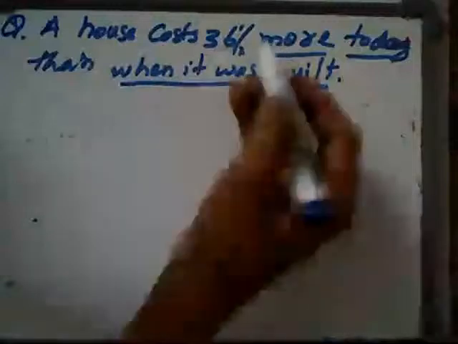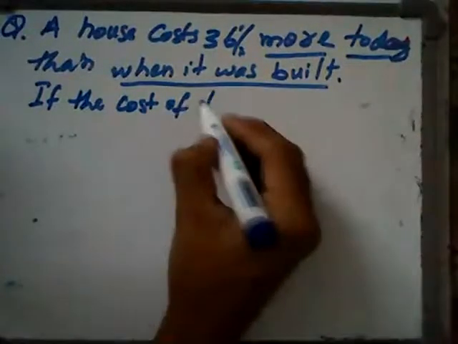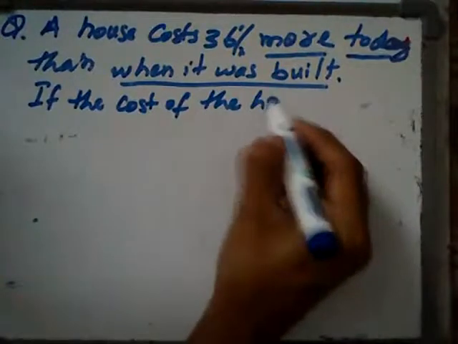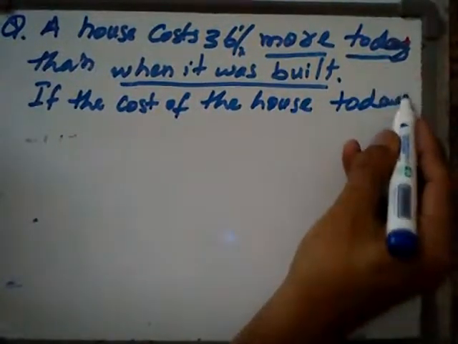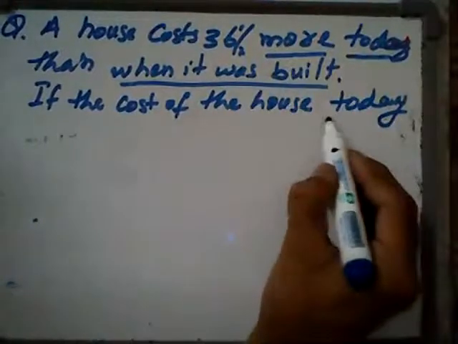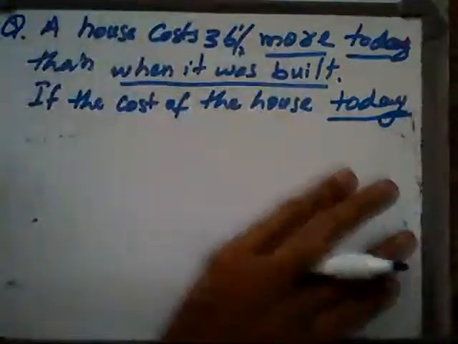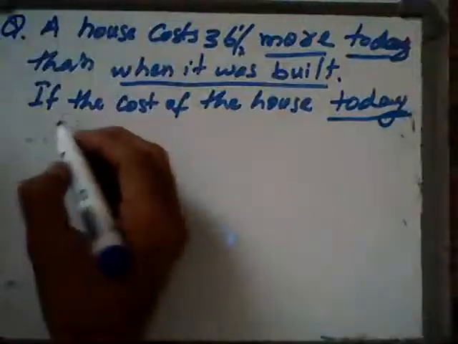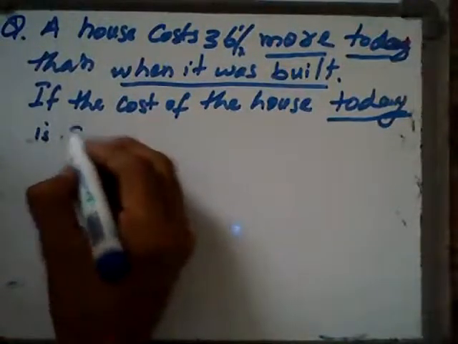It means now it is 136% of the house today. Not original one, means today. Today means the second one after increase. So it is the second one, is dollar.